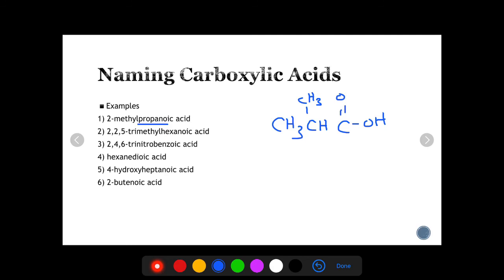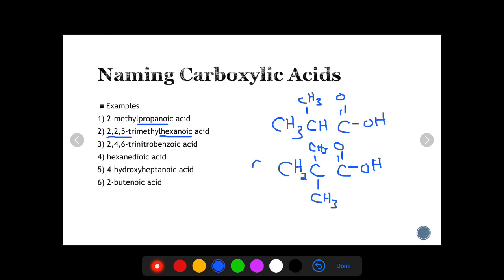Okay, on the next one we have hexane for our parent chain. So we're going to have again the carboxyl group right there, and then we'll have 6 carbons attached there, but we've got all these methyl groups. So we have 2 on the second carbon, which is going to be this one. So we're going to have a methyl group here, methyl group here.